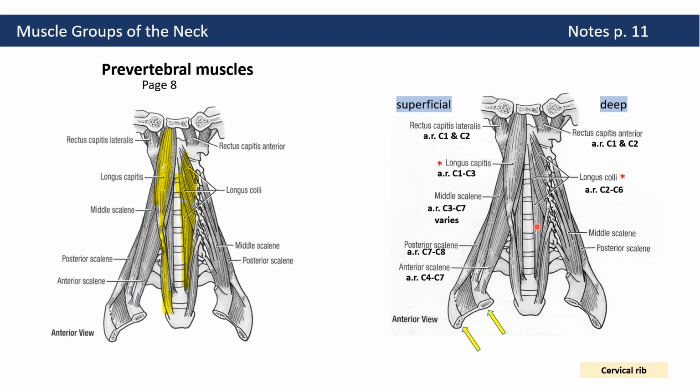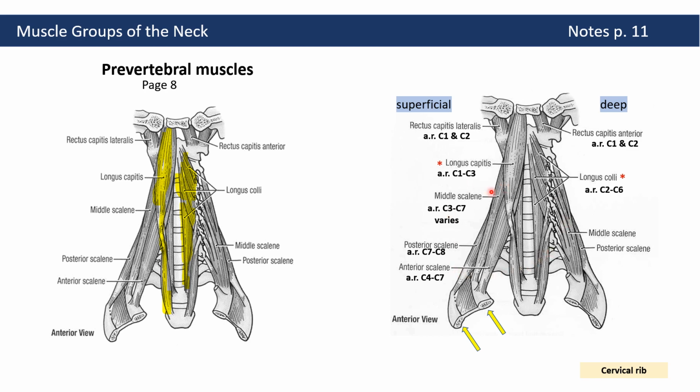They are innervated by anterior rami of C1 through C3. So the longus capitis is innervated by anterior rami of C1 through C3. And the longus colli, colli meaning neck, is innervated by anterior rami C2 through C6, which makes sense because you see how long this muscle is relative to the longus capitis here.